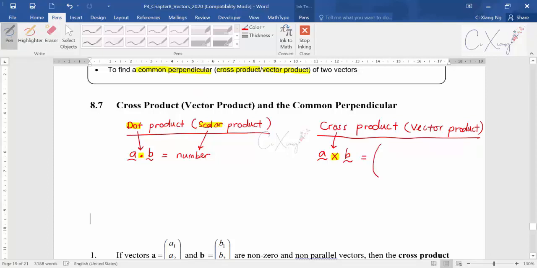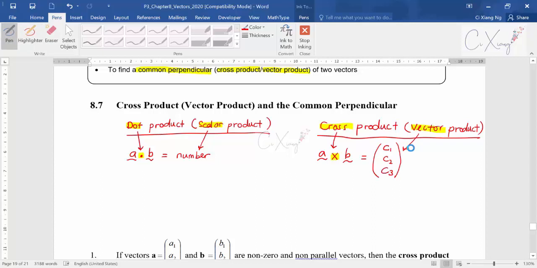When you get a final answer, you'll get a vector. So your final answer should be a vector after you carry out this operation, maybe C1, C2, C3. Therefore, we also call it the vector product.